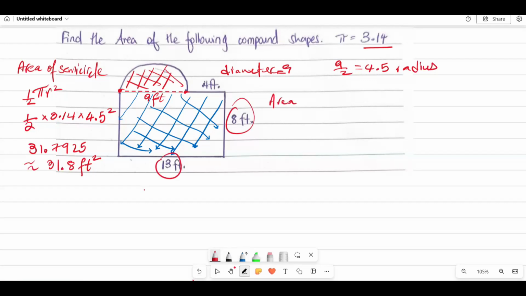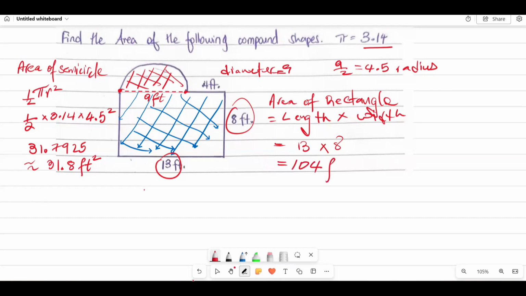The area of any rectangle can be found by multiplying the length times the width. In this case, it's 13 times 8, and it's going to give us 104 square feet.